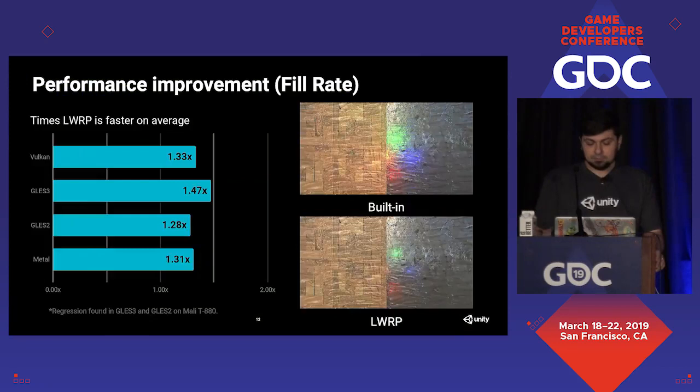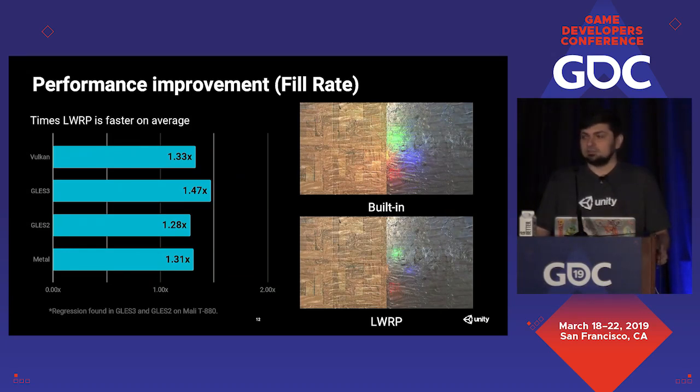Okay, so let's take a look at that. So first, there's a lot of things happening on this screen, and I'll take some time to explain them. So these bars represent the amount of times on average. We tested a few mobile devices and we averaged their results. So these bars represent the average of how much faster lightweight is compared to built-in in this specific scene.